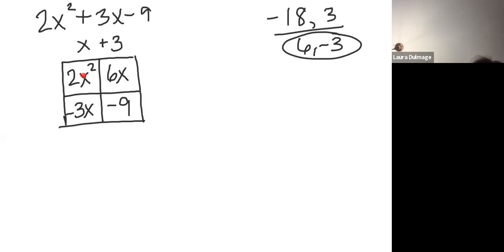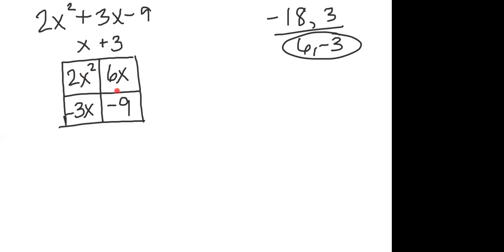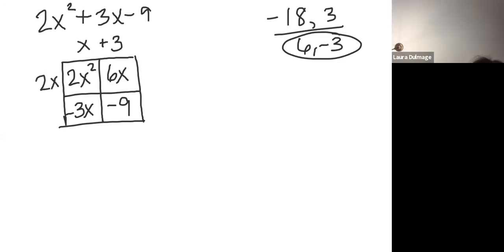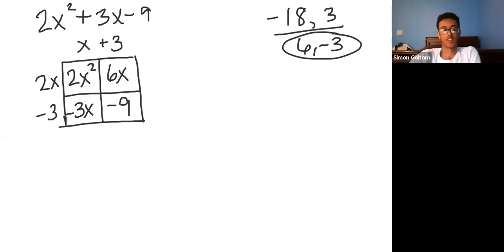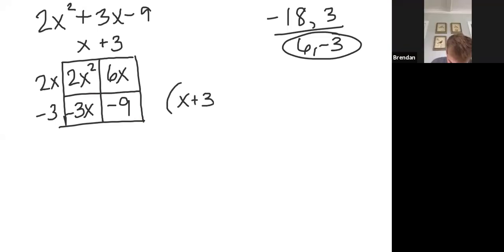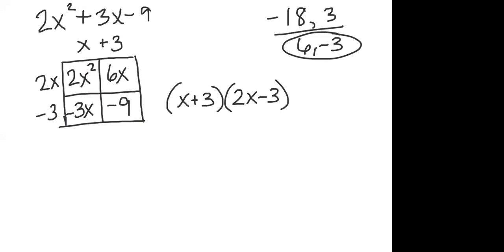And then how about going across here? 2x. Great. And then how about across here? -3. Cool. Awesome.